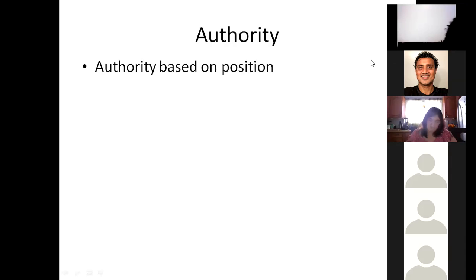When our parents ask us to do one or the other thing, sometimes there is the expertise of having spent more years going around the sun. But sometimes it is because I tell you so. It's not a decision based on expertise. It's an authority based on a different power structure.